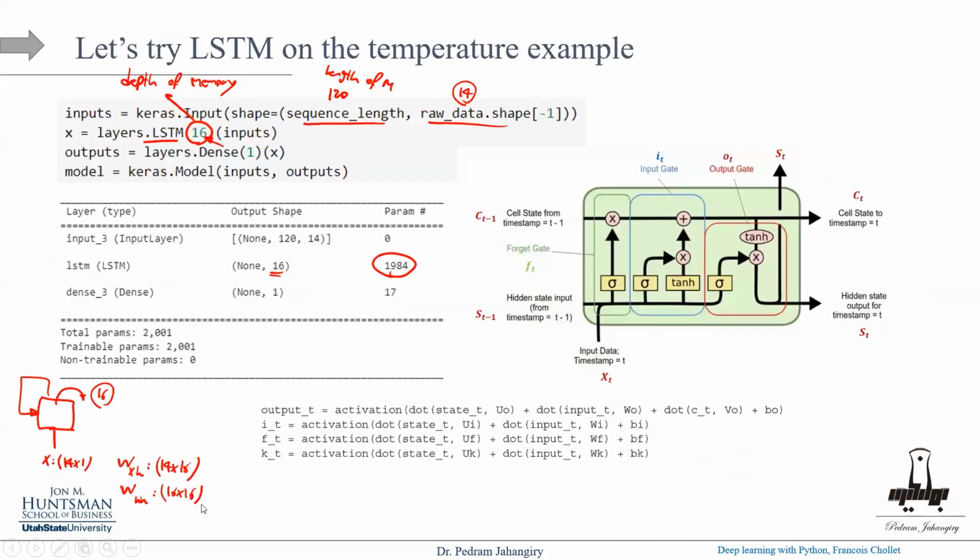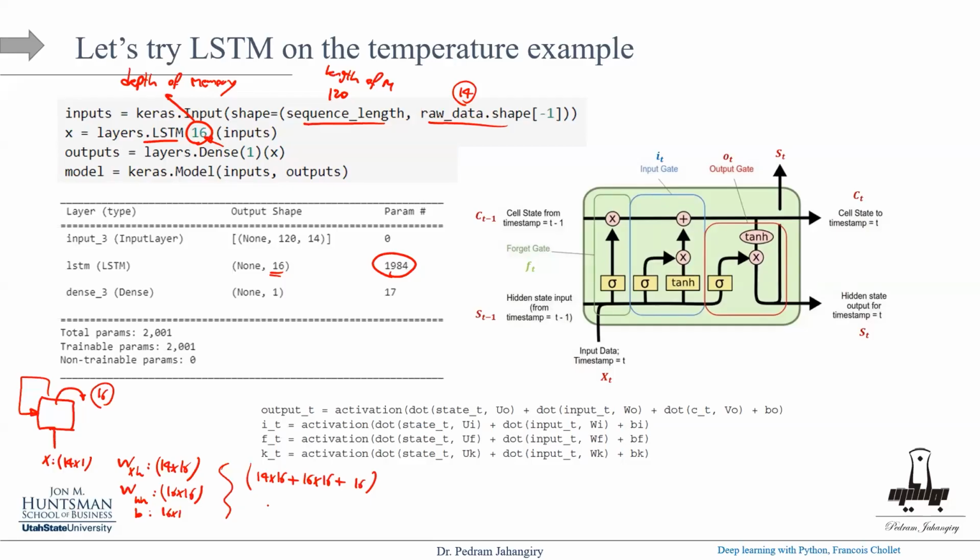Are we good? How many bias terms do we have? If this is 16 of those cells, 16. Okay, the bias is 16. All right, so let's add them. So 14 by 16 plus 16 by 16 plus 16. Does this make sense for RNN?